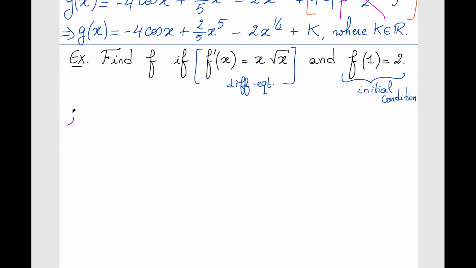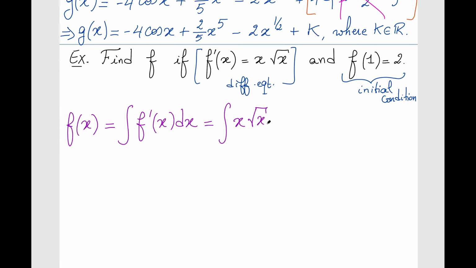All right, so f of x plus a constant is equal to the primitive of f prime of x dx. But remember, I didn't add the constant because I'm going to add all the constants at the end of the day. And this is the primitive of x square root of x dx, because this is what f prime is.